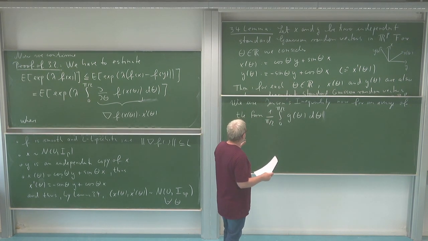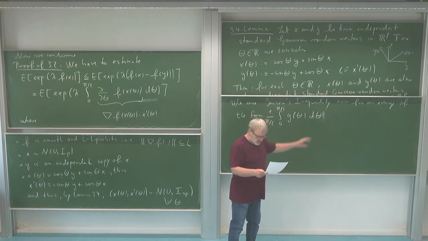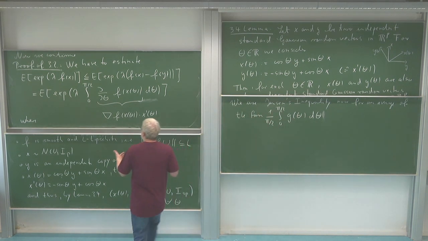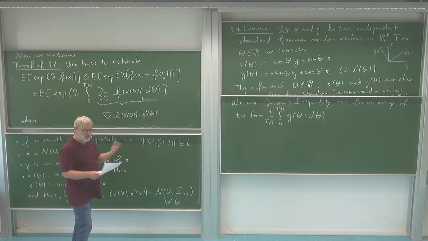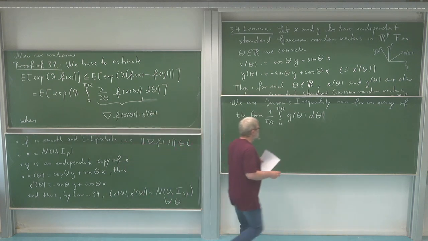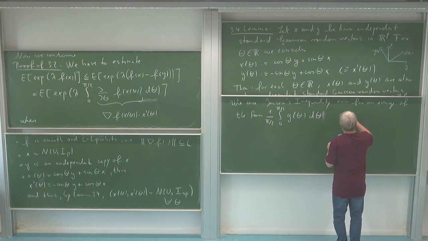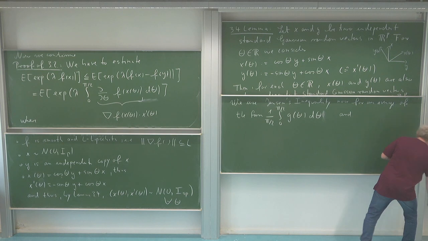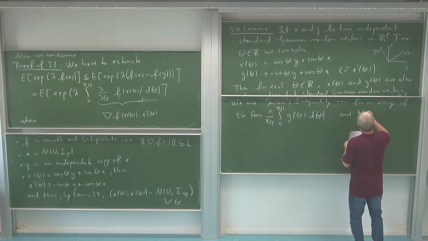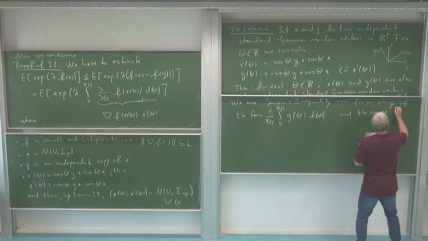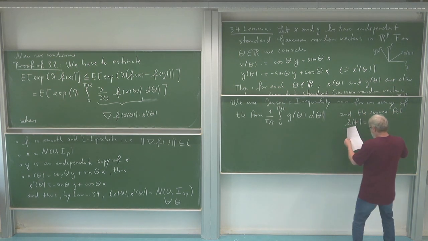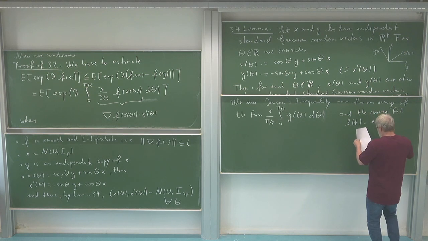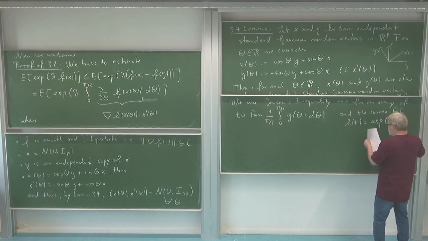So I'm using Jensen for this averaging and for a convex function. Of course, for Jensen I need a convex function, but the exponential function is convex. So let me take the convex function h of t, the exponential c times t.